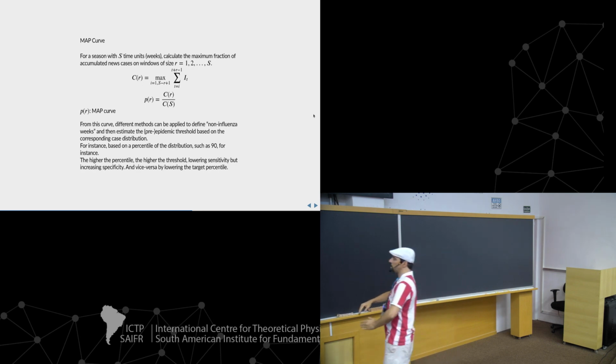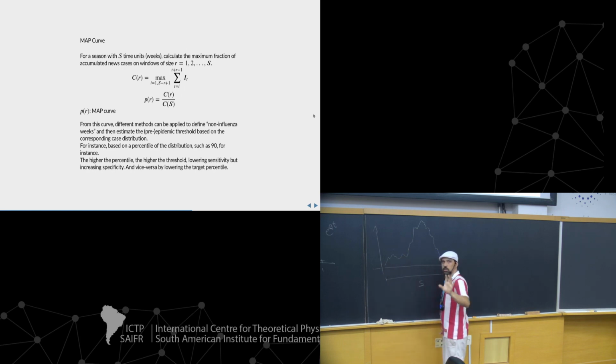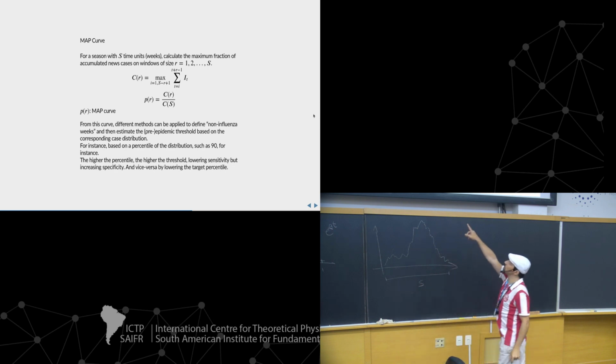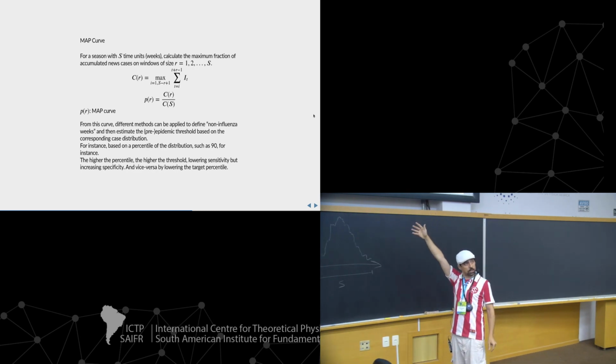So for window size 1, I will look at week 1, week 2, 3, 4, 5, each of those separately, right? Because my window is of size 1. And then the map curve is the ratio between the max of that process over the total number of cases within the season.